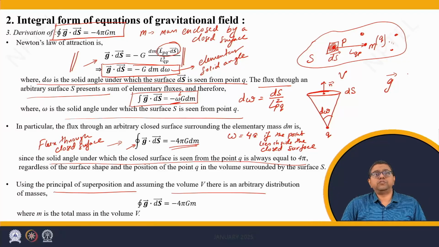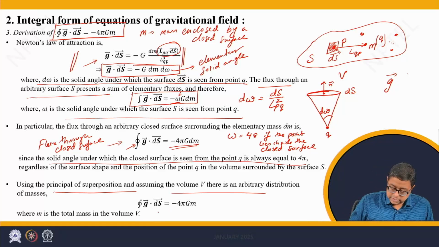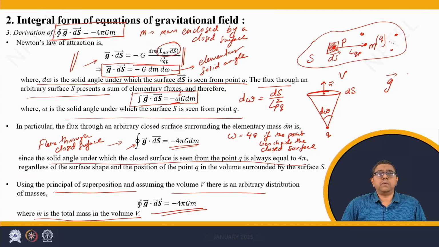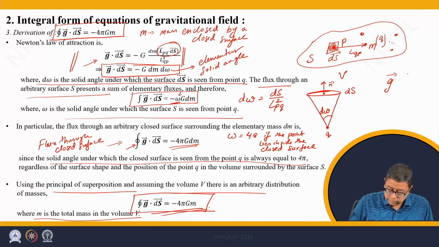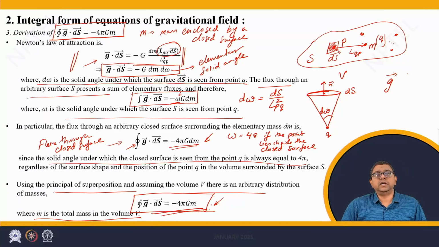Now we use the principle of superposition, and assuming that in the volume V there is an arbitrary distribution of masses, we get the integral of dm equals M. M is the total mass in the volume V. So this expression is for an elementary mass, and this expression is for all the elementary masses inside that volume.